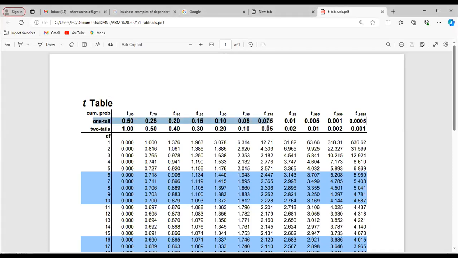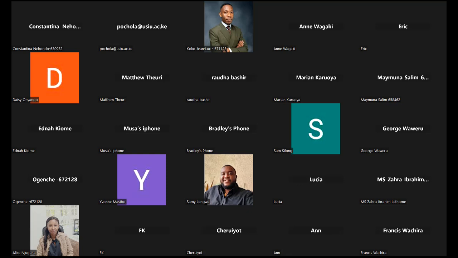We go all the way up to 10%, 0.1. 0.1 is here. We go down to 7 degrees of freedom, which is here. The T value there is the one intersecting, which is 1.4, this one. That's our T table value.